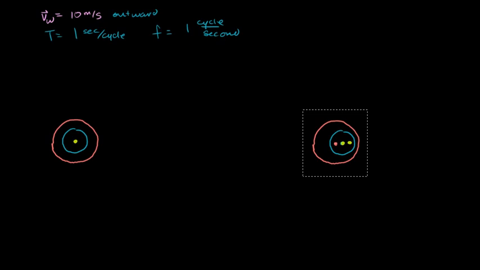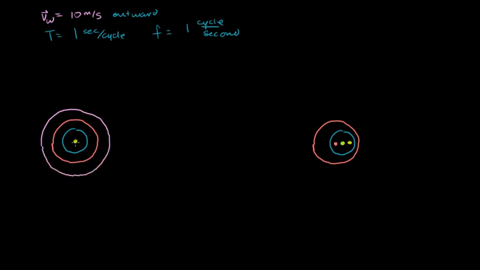Let's do this again. Let me use pink. What about the crest that either of these sources emitted 3 seconds ago? Well, it would be 30 meters radially outward, so another 10 meters from the last one. So it will be out here, just like that.